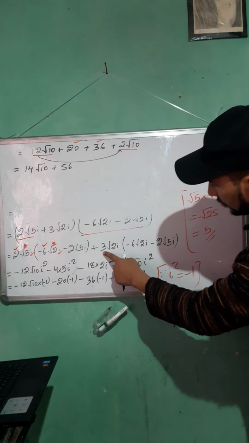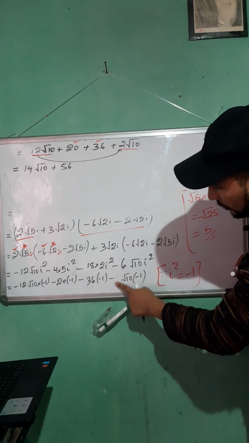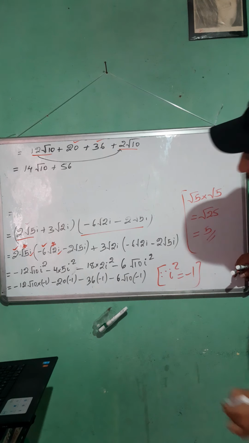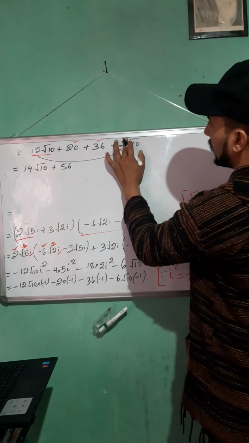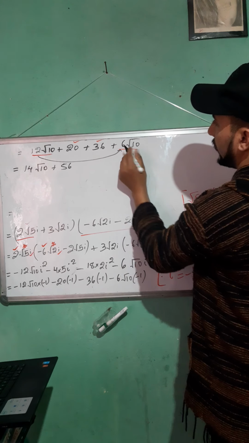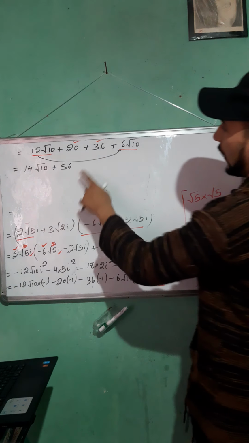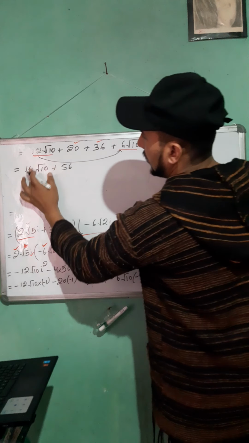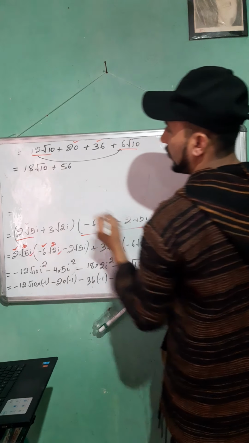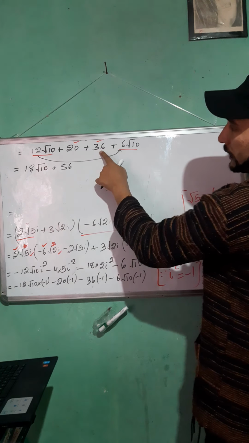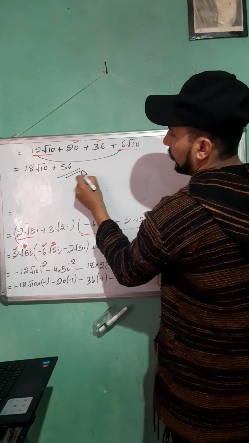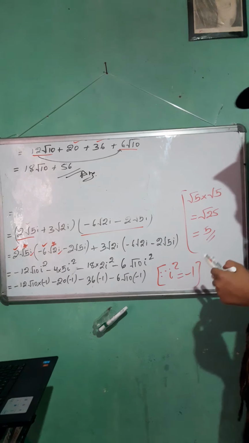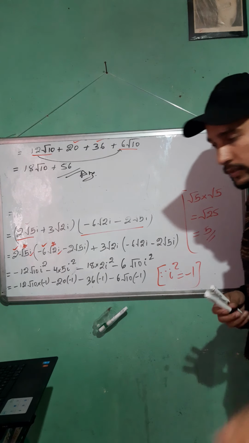So 3 2s are 6, and this is also 6. So minus minus becomes plus: 6 root 10 plus 6 root 10, so 12 plus 6 will be 18. 18 root 10 plus 20 plus 36 is 56. So this is your answer. This is the simplified form of the given expression.